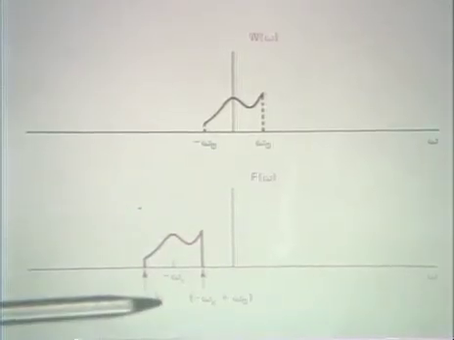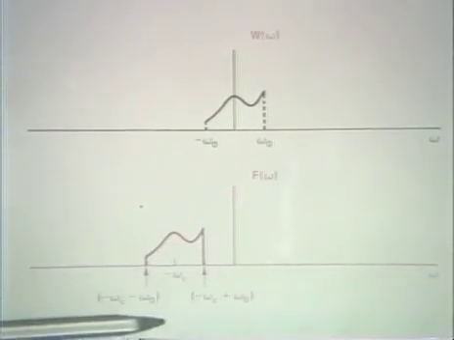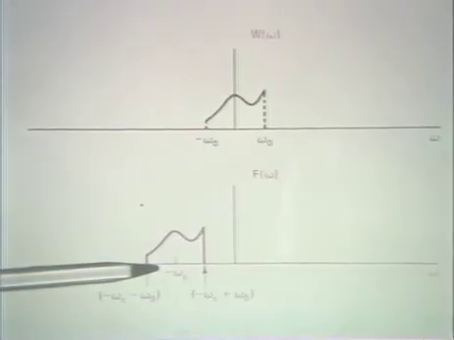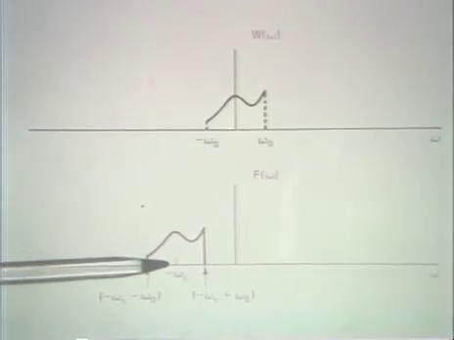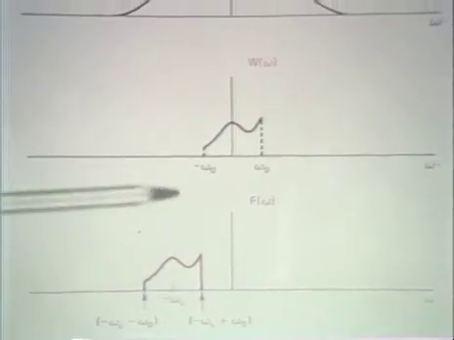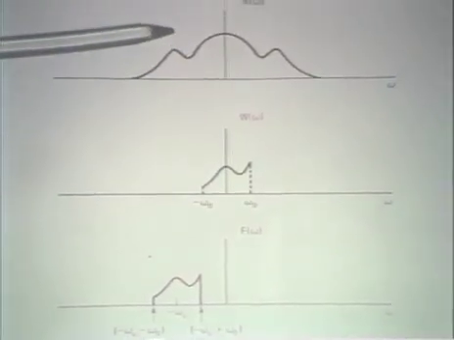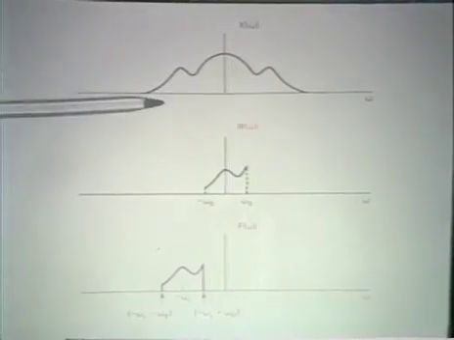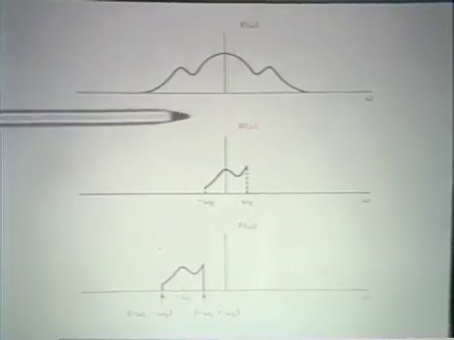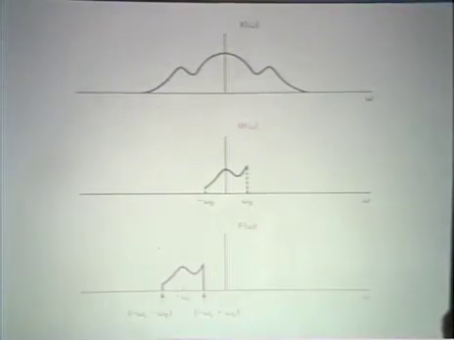And what we can see is that this, in fact, is equivalent. If we look back at the top spectrum, this is equivalent to having extracted with a bandpass filter a section out of this part of the spectrum.